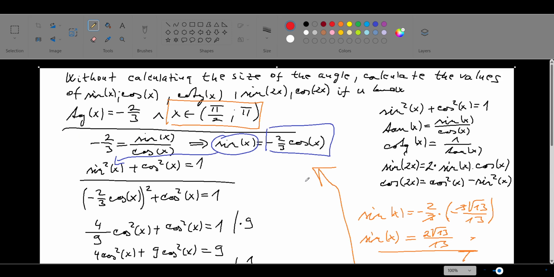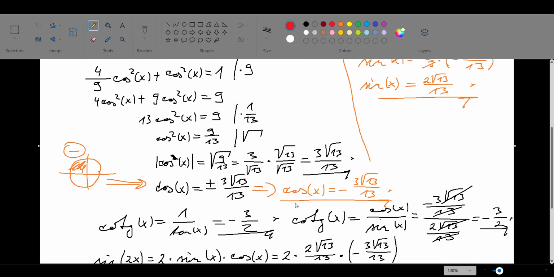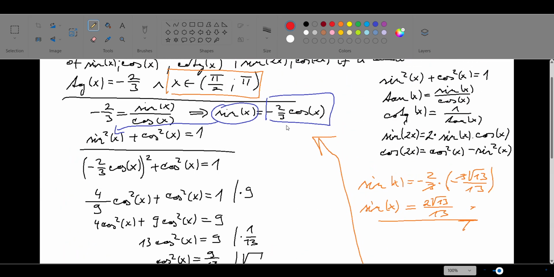I mean the procedure or algorithm. You simply find two equations with two unknowns, so this is our first equation, and you always use the Pythagorean identity, and then you solve these two equations with two unknowns, so that you will find the value of the cosine and the value of the sine function.